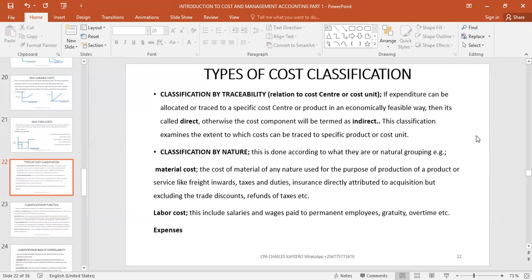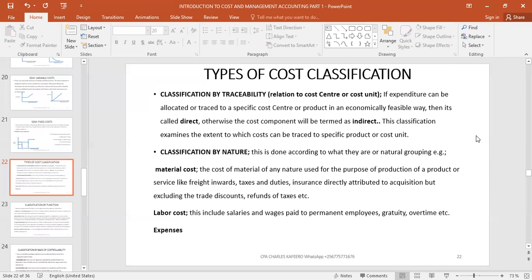But labor itself is the human effort, whether skilled or unskilled, that is used in the production of goods and services. So the cost we spend on labor may include the salaries and wages paid to permanent workers.